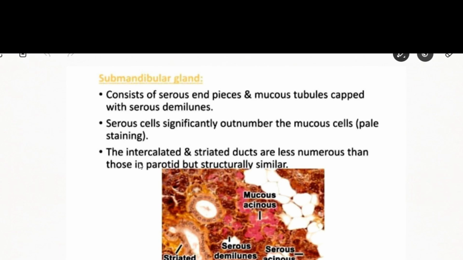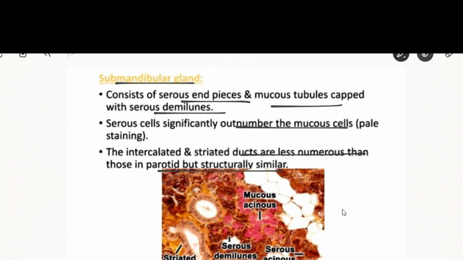The submandibular gland has mixed acini, about 80% serous cells and 20% mucous cells. The intercalary ducts here are fewer, and the striated ducts are longer and more developed as compared to the parotid gland. The demilunes of serous cells are present over the mucous terminal portion.